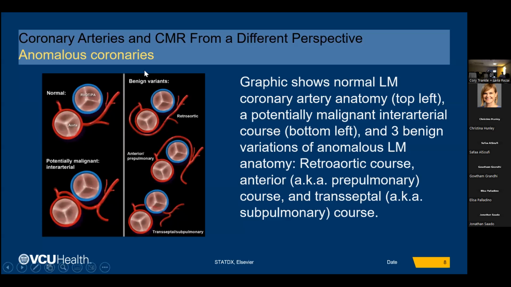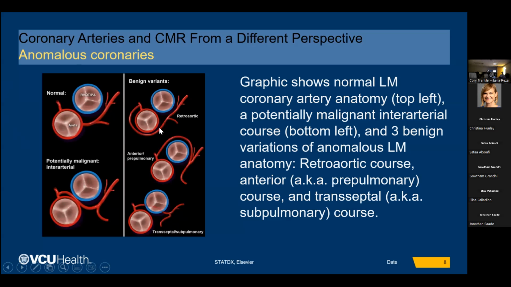Here is a depiction of different variants. This is a normal variant, obviously. This is what is thought potentially being malignant, interarterial. We can see that the left is originating from a right cusp, and it courses between the two arteries, and it's compressed.